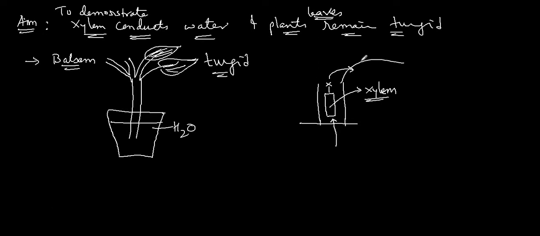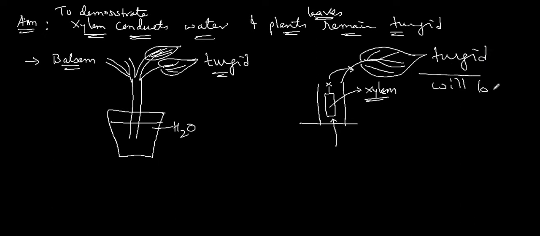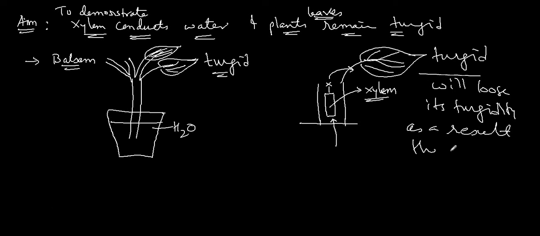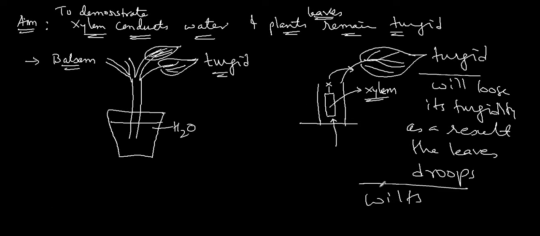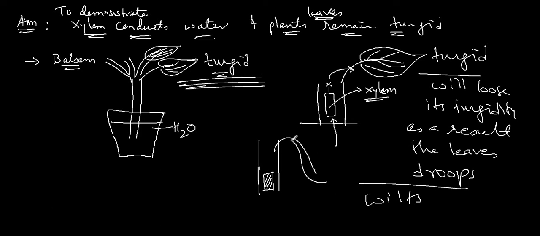As a result, the leaves which are in turgid condition will lose their turgidity, and as a result the leaves droop, or you can say wilt. So the leaves which are turgid here, in this one which does not have any pathway for the transmission of water because the xylem has been removed, will now droop. The leaves are drooping here.